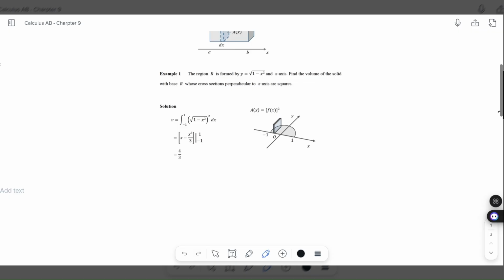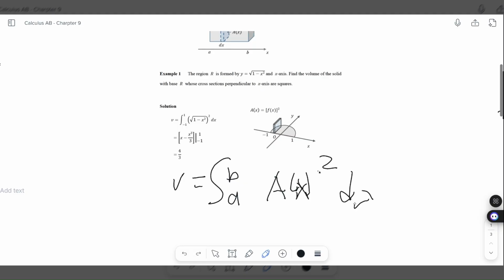So using that formula, V equals integral a to b A of x squared dx. So our boundaries right here are -1 to 1 because that's what the area and volume is enclosed by.